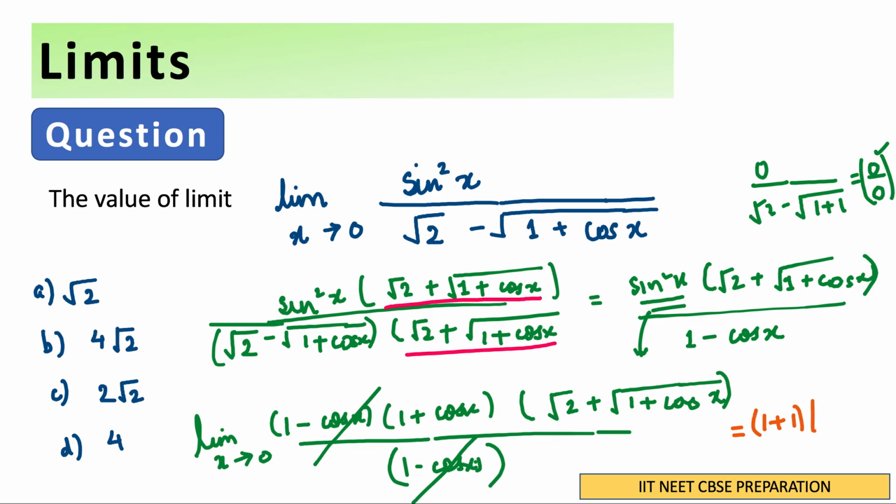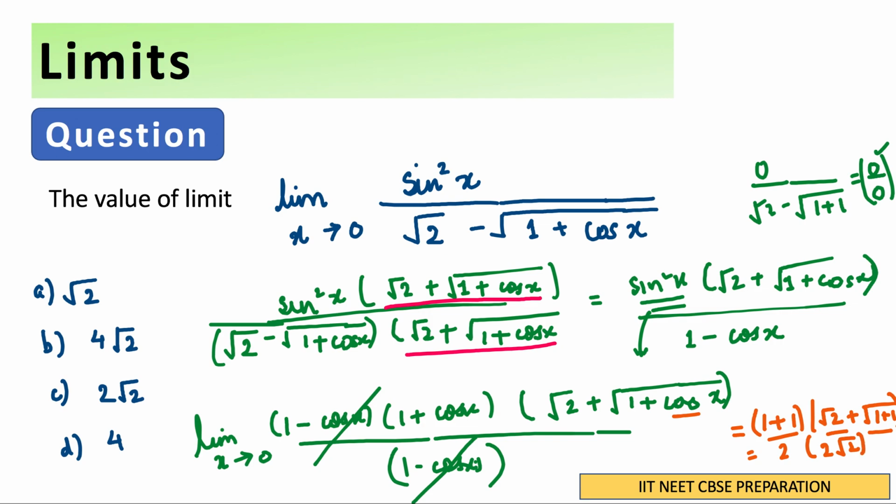And here we have root 2 plus root over 1 plus cos x, and cos 0 will be 1, so 1 plus 1. So this becomes root 2 plus root 2. So this will become 1 plus 1 is 2 and root 2 plus root 2 is 2 root 2.